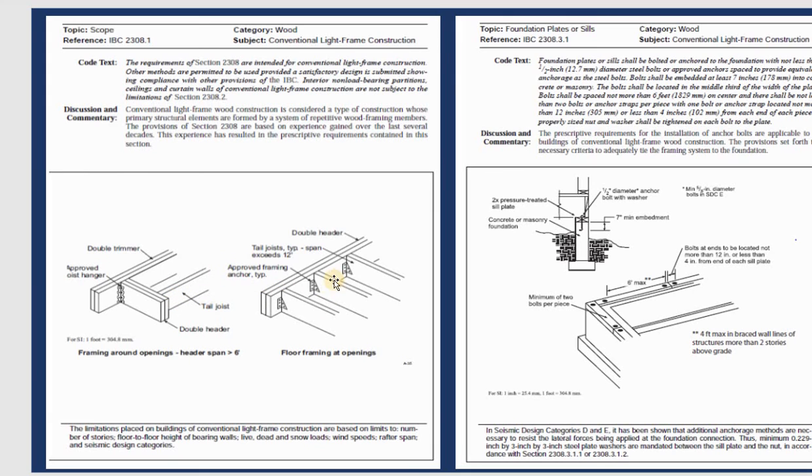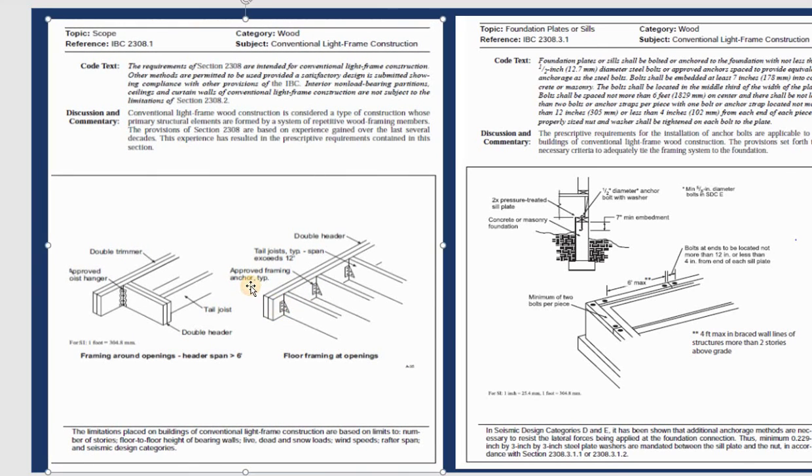If you have the connection between the double header and the tail joist right here, you need an approved framing anchor. We need approval for the framing anchor before you connect the double header and the tail joist. So the anchor right here should be approved before you connect the materials together.